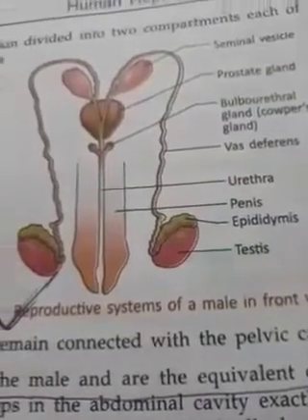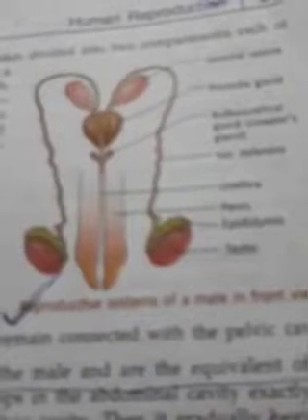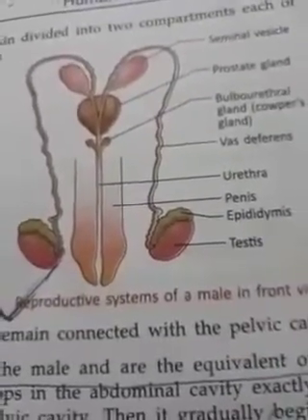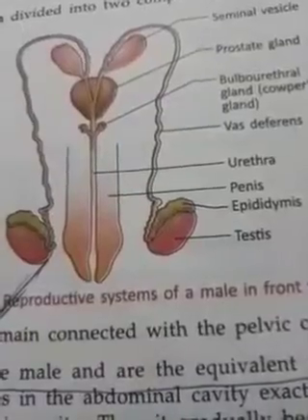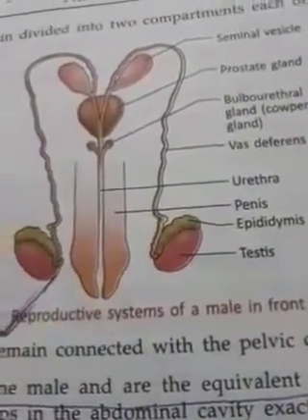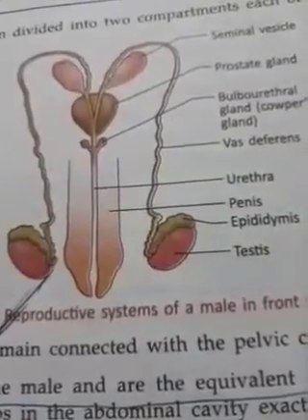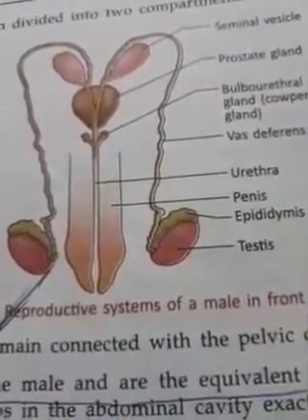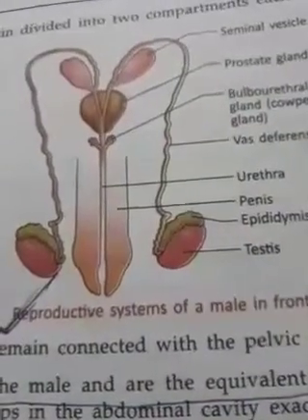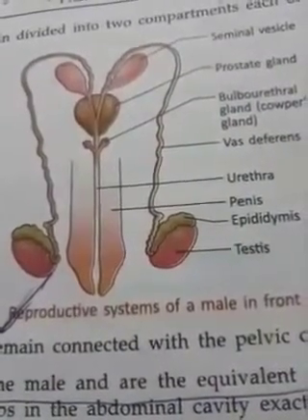They hang outside the male body, and in case they do not hang outside the body, that condition is known as cryptorchidism. It is the disorder in people who have the testis inside the body rather than outside, and it is known as cryptorchidism.